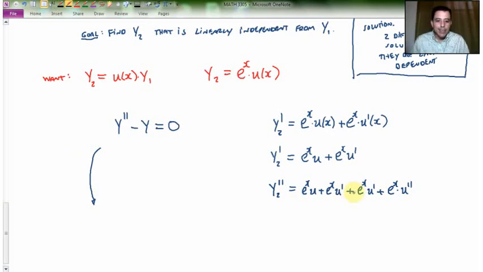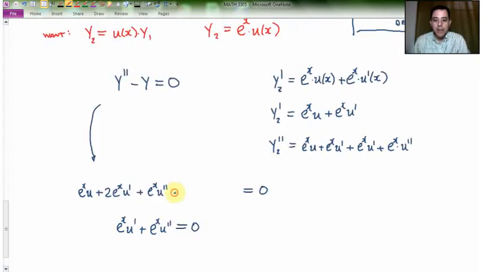I can combine things: see this one here, it's twice. It would be e to the x u plus 2 e to the x u prime plus e to the x u double prime, and then minus the function, which is just e to the x u. So this will cancel with that.